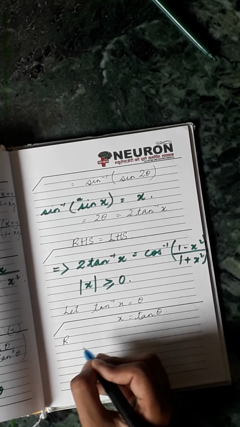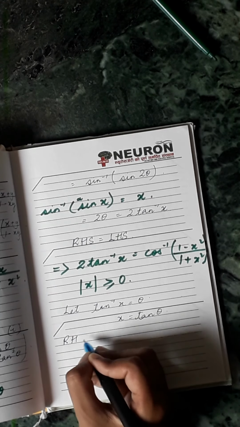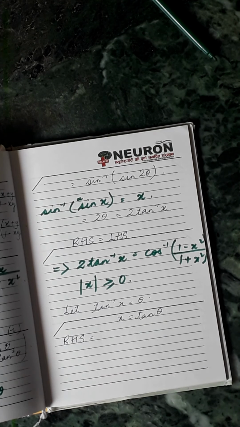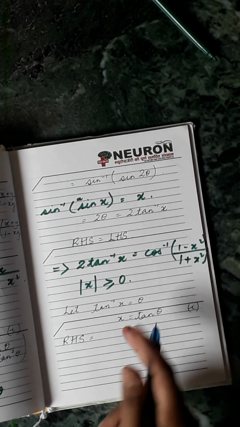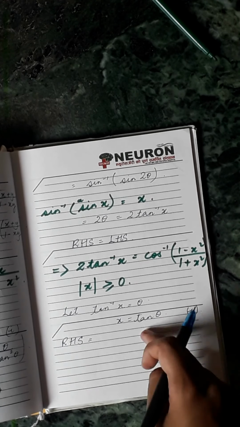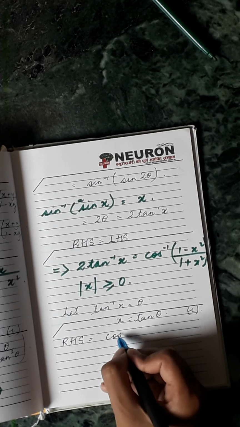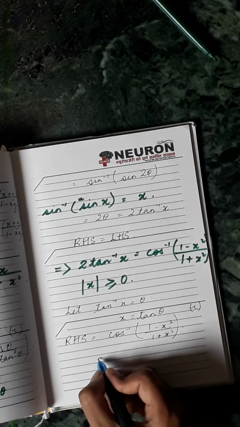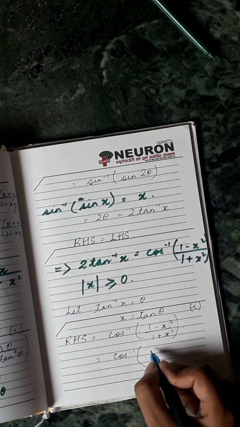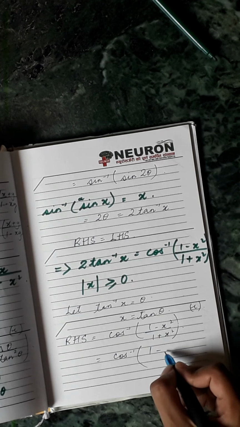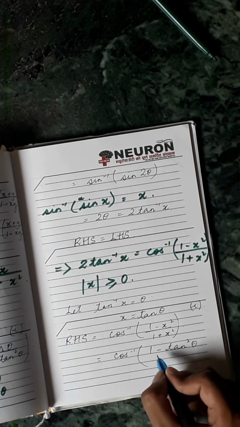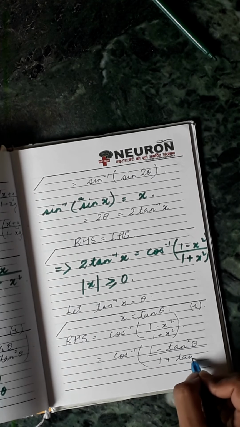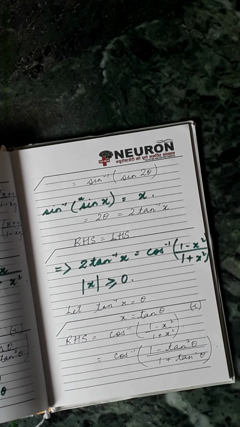Then you have to do the RHS. In place of x, you have to write tan theta. Wherever you get x in the RHS, you just have to write tan theta in place of it. So what is our RHS? It is 1 minus x square upon 1 plus x square. In place of x you have to write tan theta. It is 1 minus tan square theta upon 1 plus tan square theta. Now again, what is it? It is the formula for cos 2 theta.